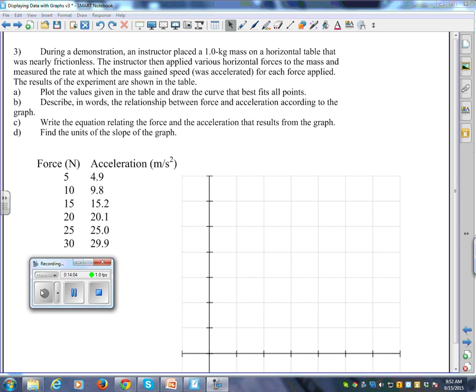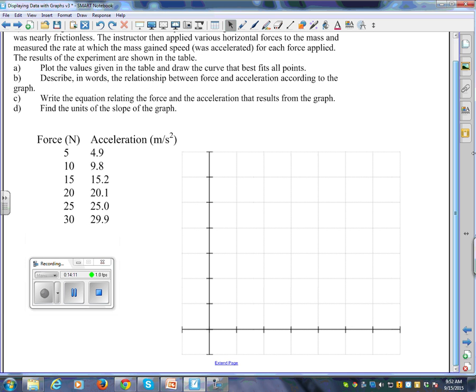Did you get a straight line? Yes. Is it perfect? No. It's like anything, it's not going to be perfect. 5, 10, 15, 20, 25, 30. I'm going to go up by 5. I'm going to graph 5 and 4.9. It's almost right.